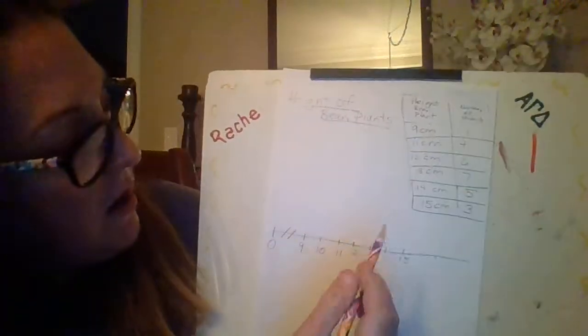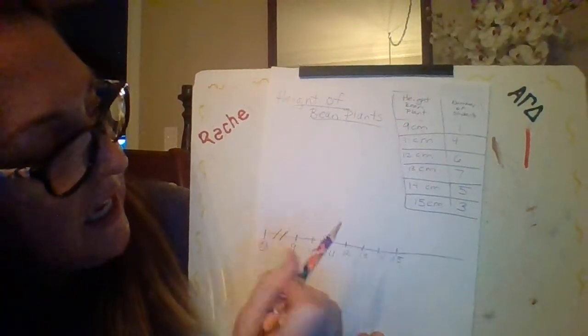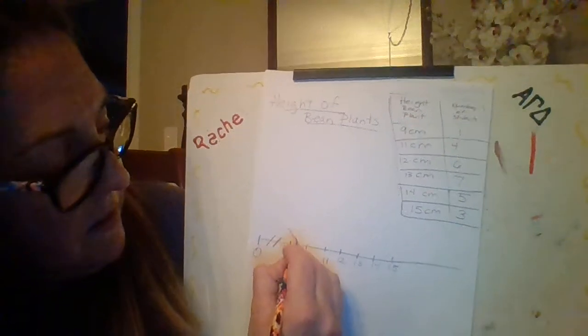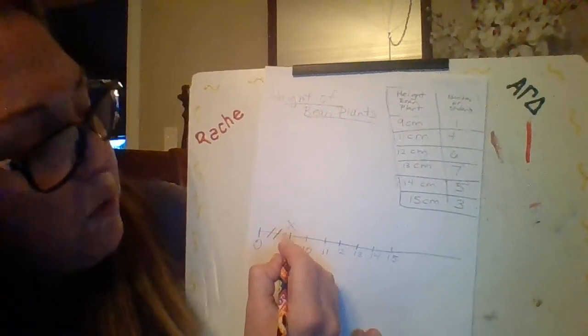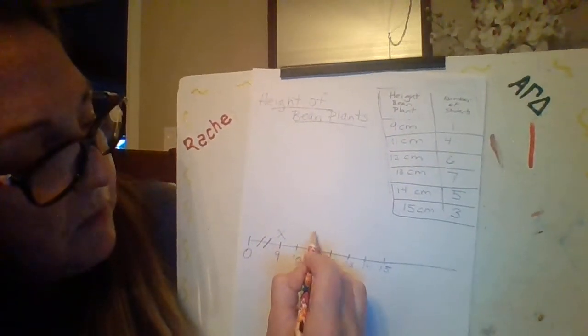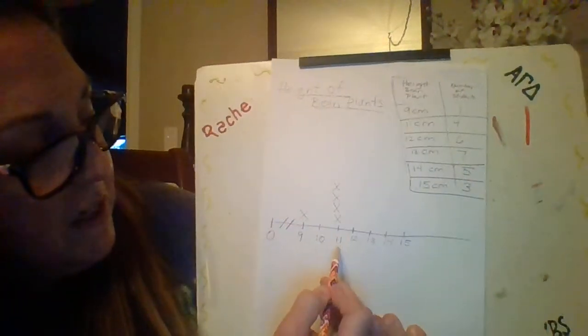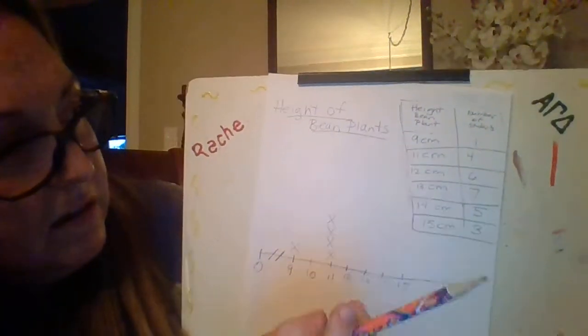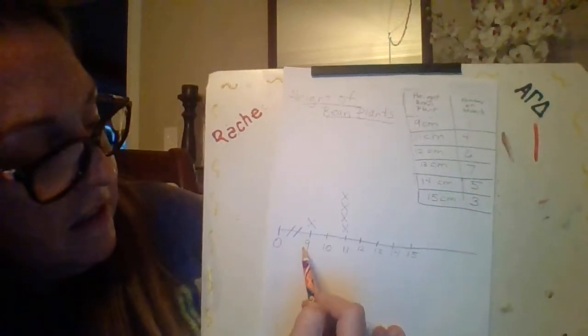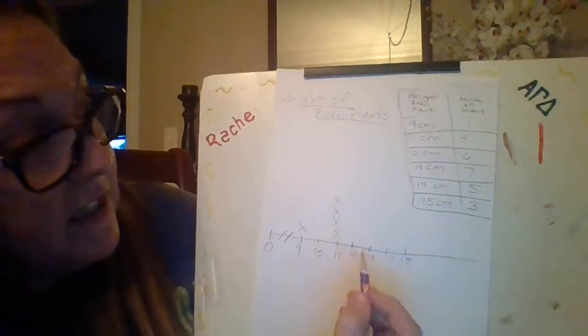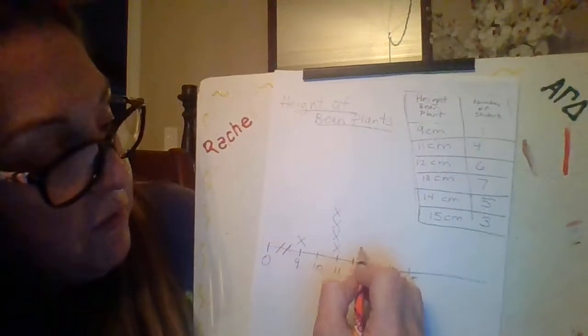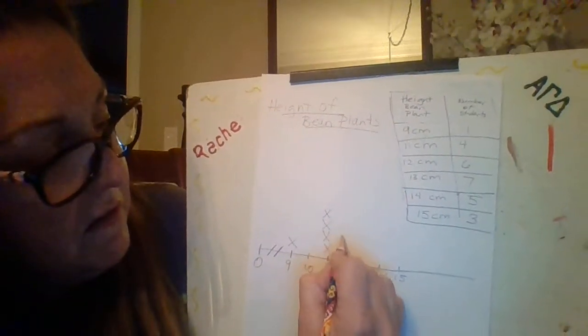So we can say, all right, one kid had a 9 centimeter bean plant. 4 kids had 11 centimeter bean plants. Already I can tell that more kids had 11 centimeter bean plants than 9 centimeter bean plants. All right, 12, there were 6 here.